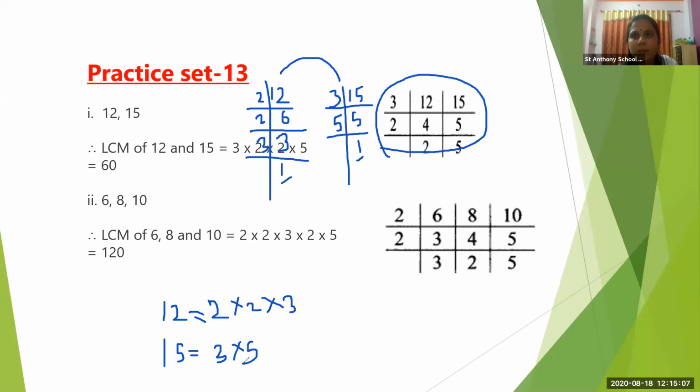Now which numbers are common? 3 is there in this number, 3 is there in this number. So what is our HCF then? We will take the common number. So HCF is equal to 3.